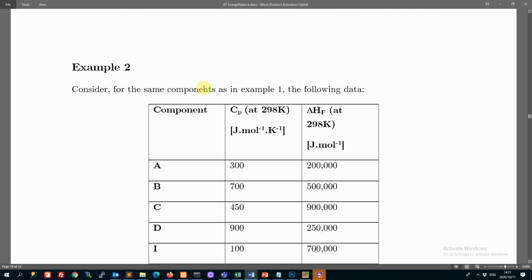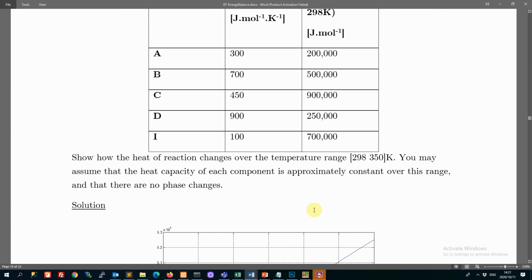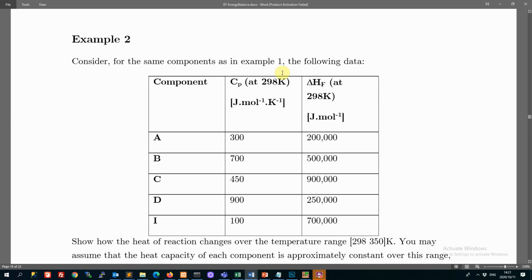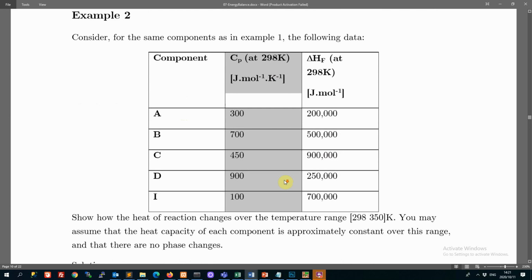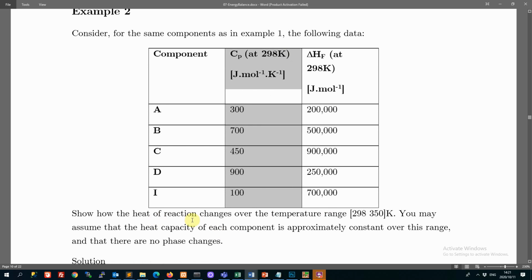And following the same example from earlier, we had ABCD and lowercase abcd, and we were given some flow amounts. And now the question is saying, given the heat capacity, and here I think we are just saying assume that this heat capacity is constant across temperature, and then given these heats of formation.